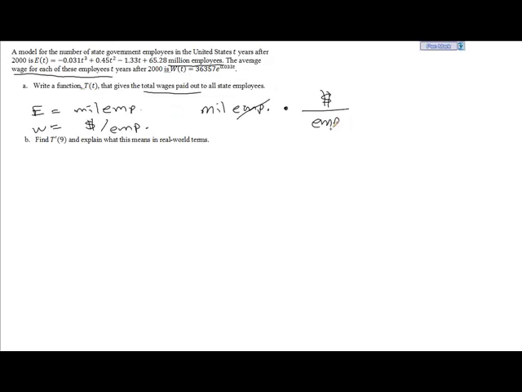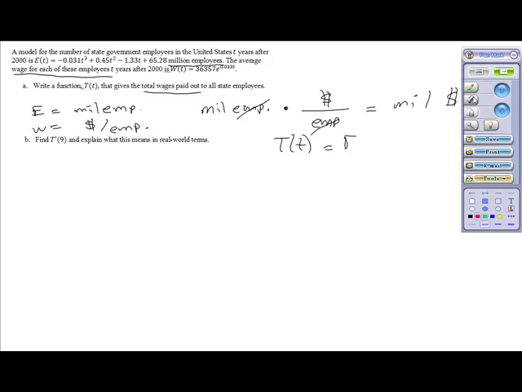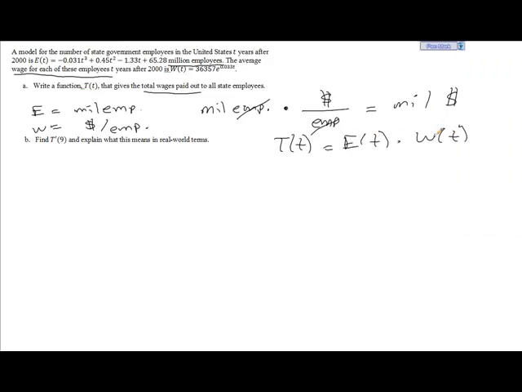So in this case, employees will cancel out, and we'll be left with millions of dollars, which is exactly what we want. That's a total. So in this case, T of t, the function which gives us the total wages, will be a product of the outputs of the two functions. So it'll be E of t times W of t, or we can flip-flop the order if you want.